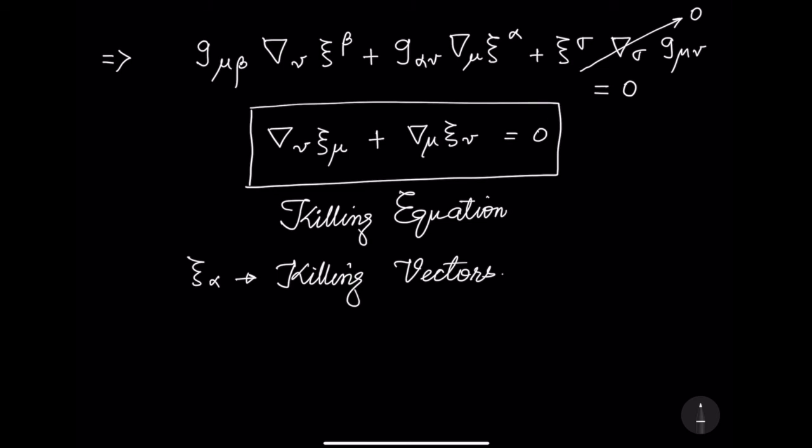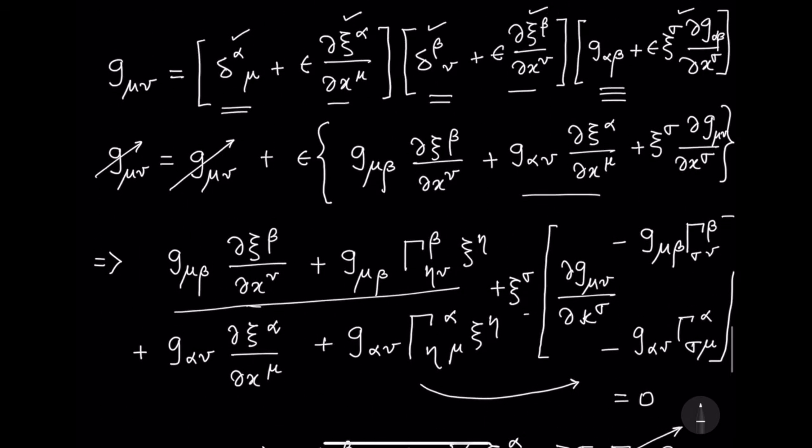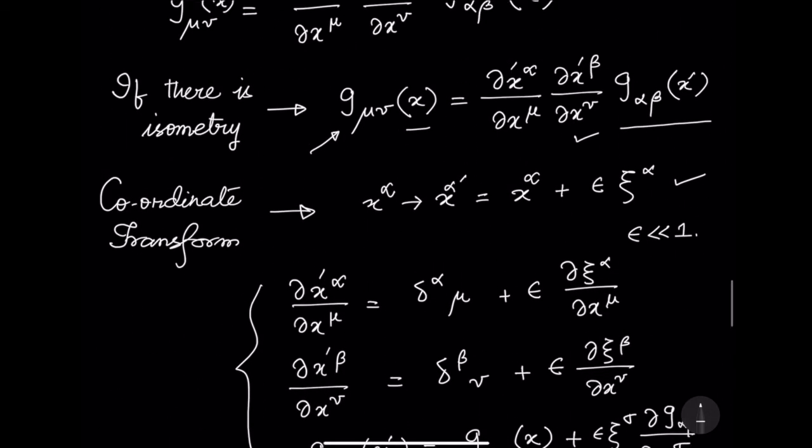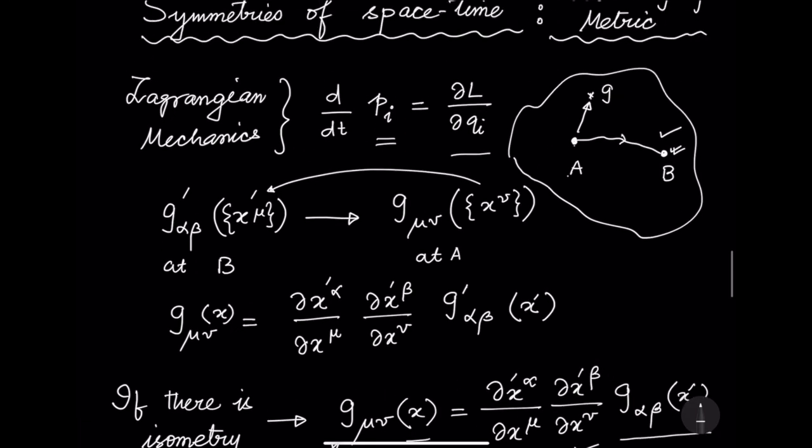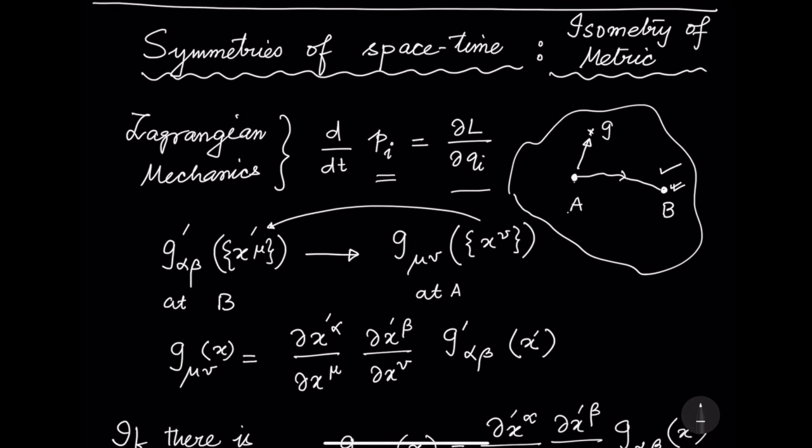Let's revise how we have got this. We said that we are looking at a symmetry of the space-time, particularly the symmetry of the metric. The symmetry is such that if I do some transformation in the coordinates, the metric looks exactly the same. The components of the metric, the functional forms, are same as I change the coordinates. The function is a function of the new coordinates, but the functional forms are same.